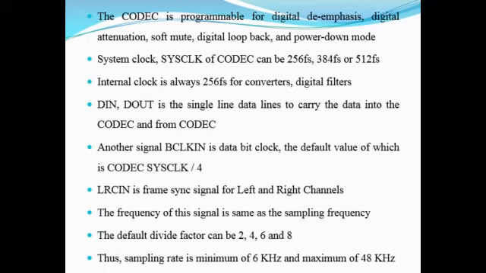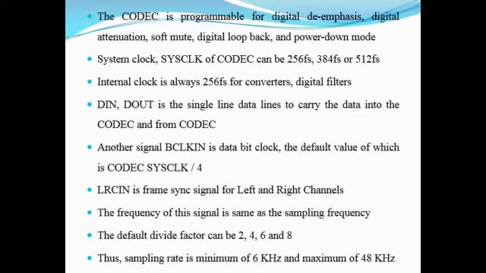We have a system clock specified with a very small value, and the internal clock is also much lower for the converter or digital filters. Normally here we use two types of conversion, either from analog to digital using an ADC, or from digital to analog using a DAC, and also the digital filters.